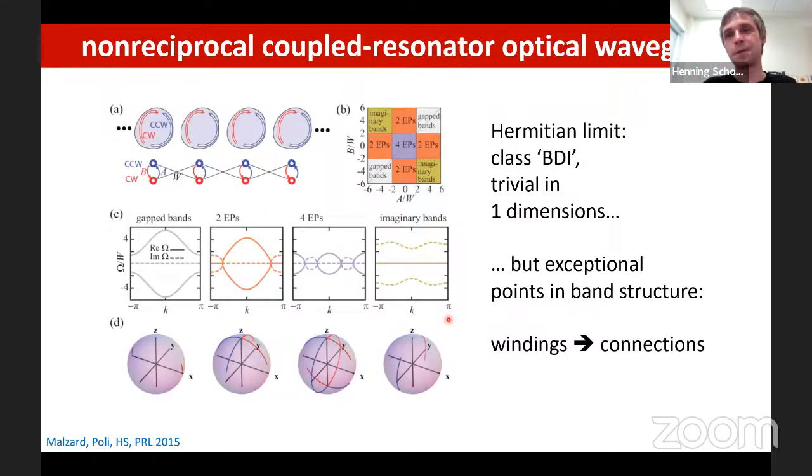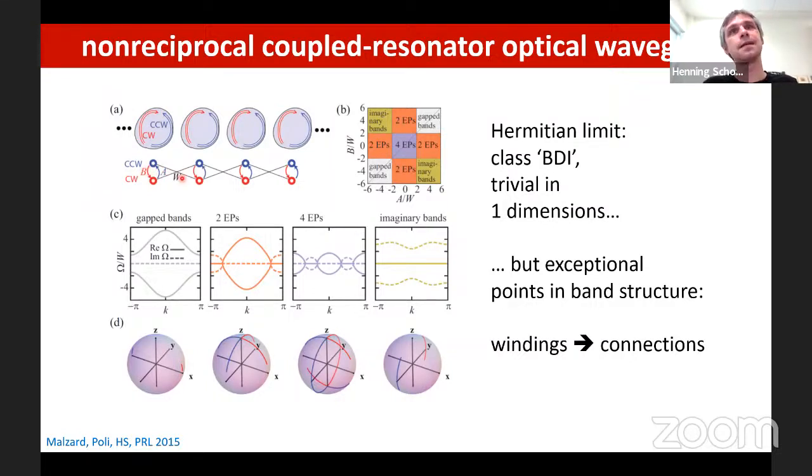So let's have a brief look at the consequences of this in the context of what I've told you already. So first of all, these can appear in the band structure. And this is a very simple example of a system in which we have resonators again. It translates to this tight binding chain. What makes the system non-Hermitian now is not imaginary parts, but different values of A and B. So this matrix is no longer symmetric.